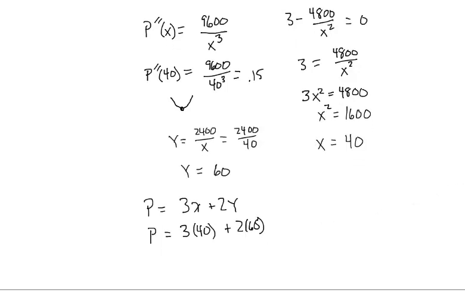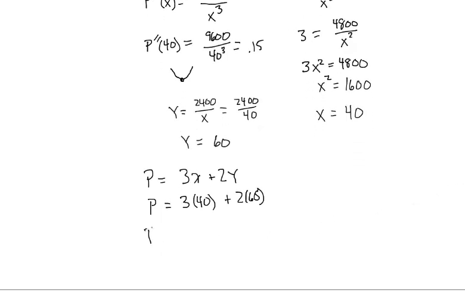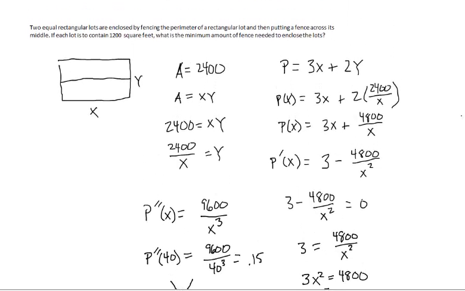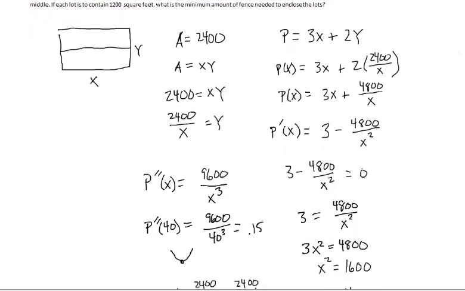And we find that the perimeter is equal to 120 plus 120, or 240 feet. So the minimum perimeter that we need to build this rectangle with 2,400 square feet and a center fence is 240 feet. And that concludes this problem.